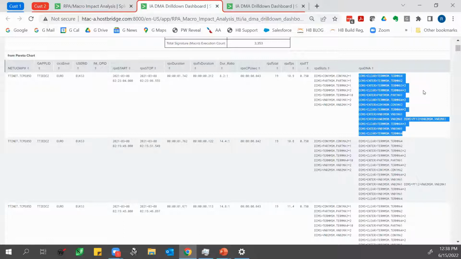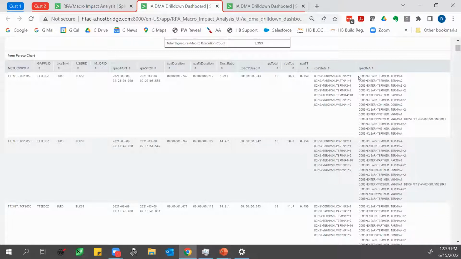That seemed very odd, not only to the mainframe people who knew this application very well, but also to me, looking at it at the 30,000 foot level. So we called the team that wrote the HATS macros and said, can you help us understand why you are sending requests to the mainframe, pressing the enter key on the DIMS transaction so often?